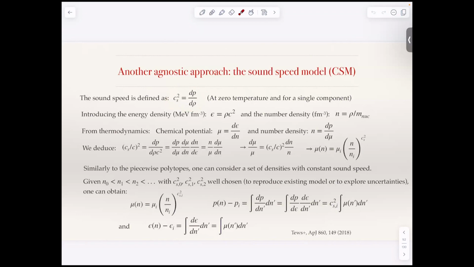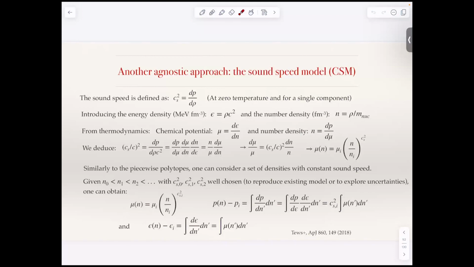And in the same way as you were able to infer the equation of state knowing the pressure, you are also able to infer the equation of state if you know the derivative of the pressure by doing some integration. I will not elaborate more on the sound speed model, but I just wanted to flash it.